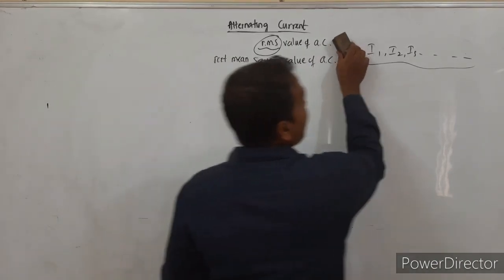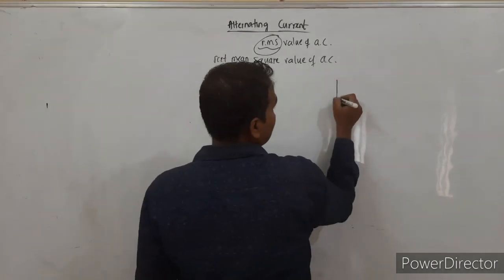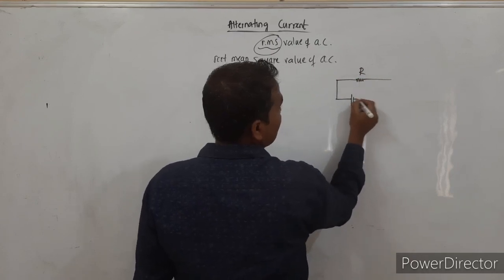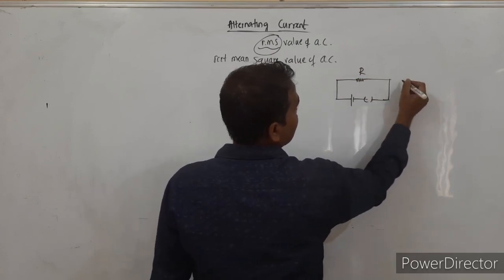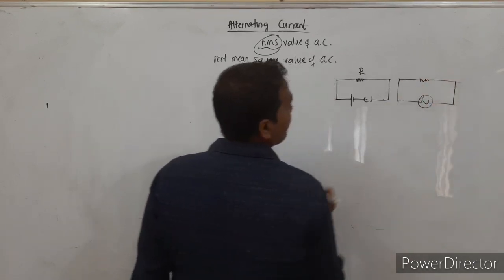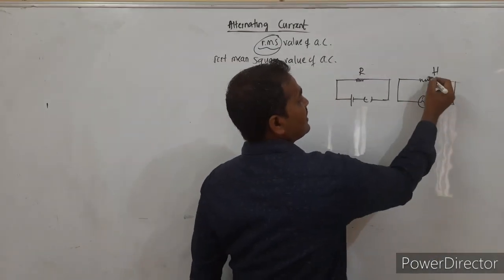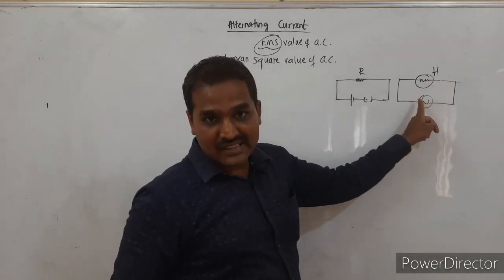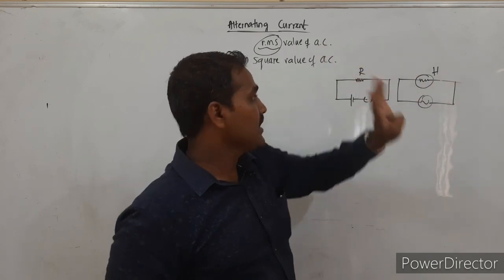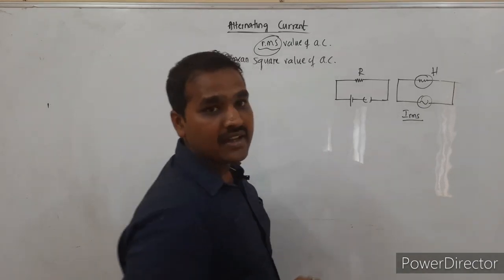Okay, and theoretically we have another definition of this also. For that, let us consider two circuits here. Let me consider a resistor R connected to a DC source of supply. Then the same resistor or the same circuit, let it be connected to the alternating source of voltage. Let us consider there is some heat generated in this resistor because of this alternating current. Let that heat generated be H. And the RMS value of this alternating current, I write it as IRMS.